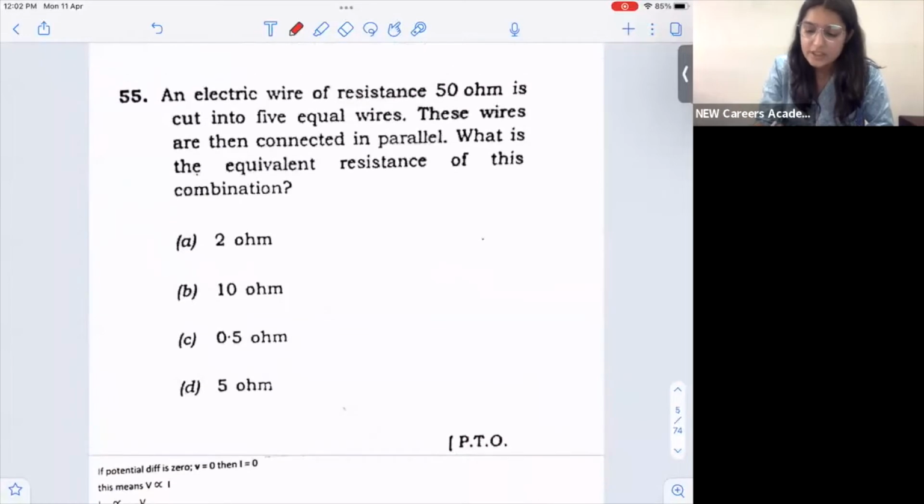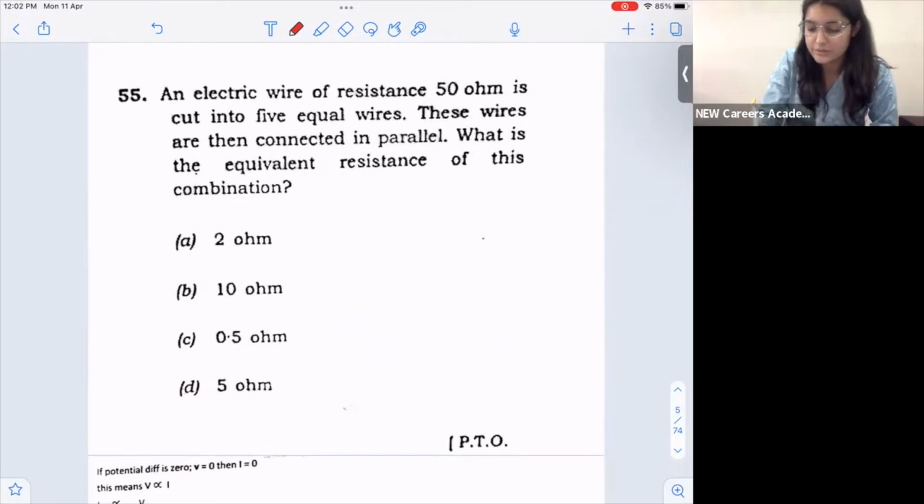Next question, an electric wire of resistance 50 ohm is cut into 5 equal halves. There is a wire having resistance as 50 ohm. If we cut it into 5 equal halves, the resistance of each half would be 10 ohm.